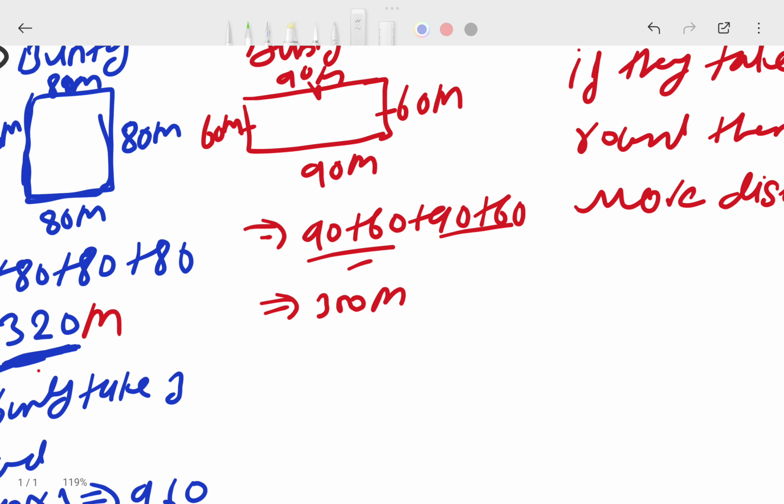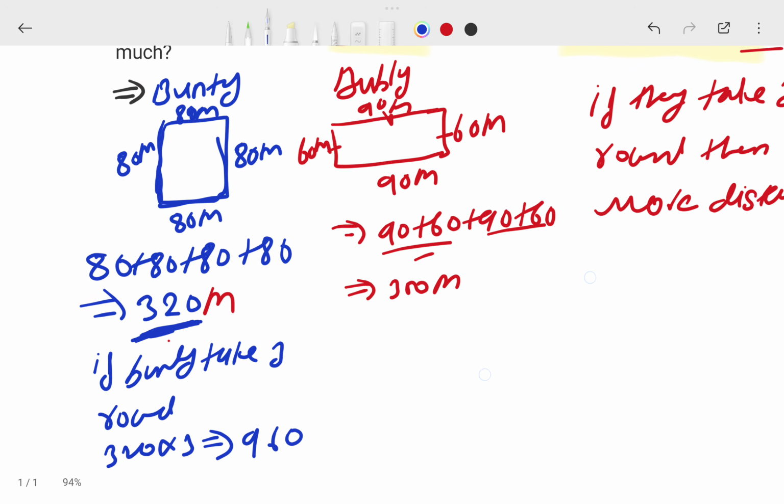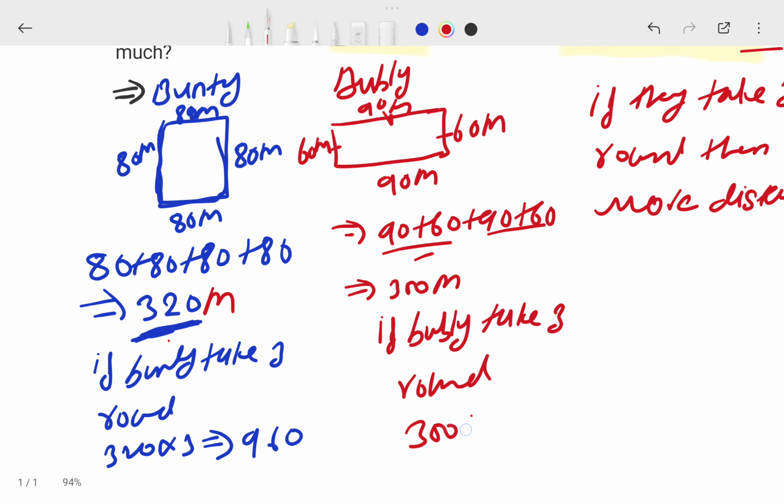Now if Bubbly takes 3 rounds, this ground is 300 meters.